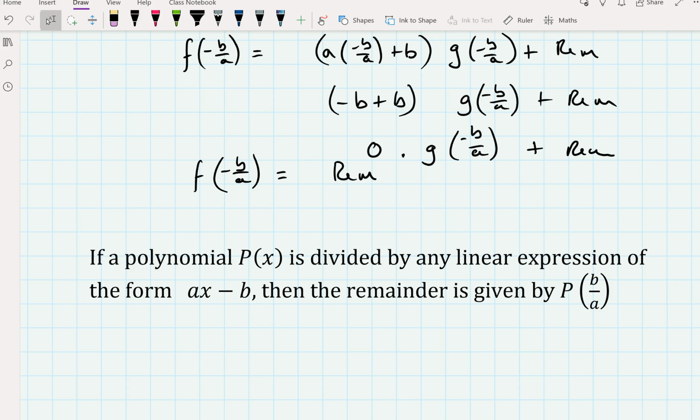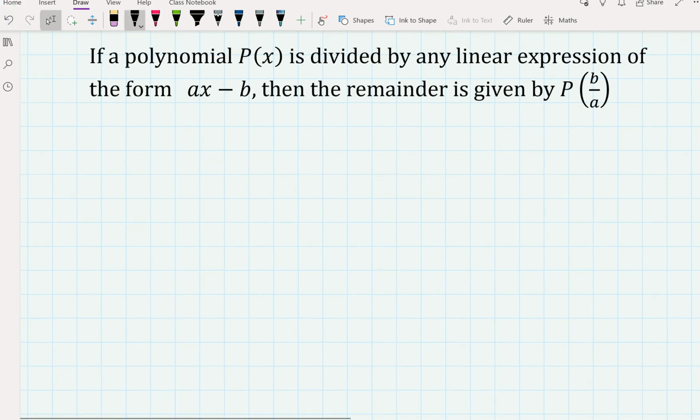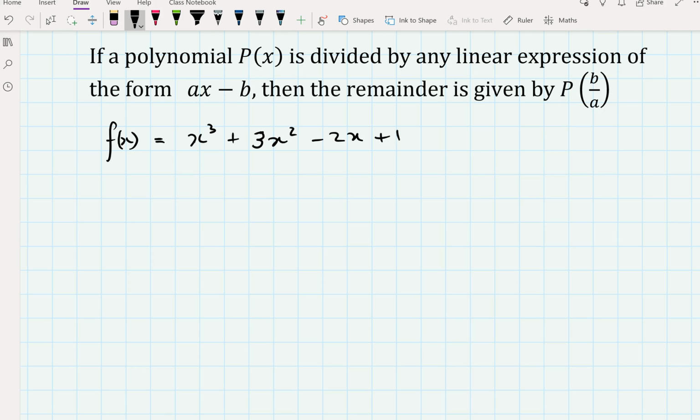Now that's a bit of theory that you will need to know, and you're going to use it quite a lot. So let's just see what this means in terms of the examples that we've done so far. In the first situation, we said that f of x was equal to this function here, x cubed plus 3x squared minus 2x plus 1.